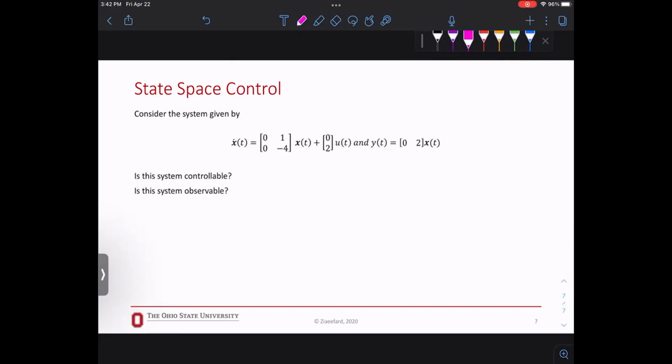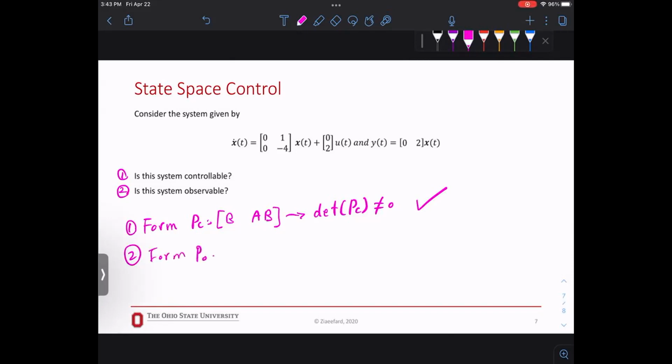And for PO, the same thing, right? So if this was 1, 2, 1, form PC, which is B, A times B. So this matrix A times matrix B, find the determinant of PC. You will find that for this one it is not equal to 0, so check, controllable. For part 2, form PO, this is C and CA.